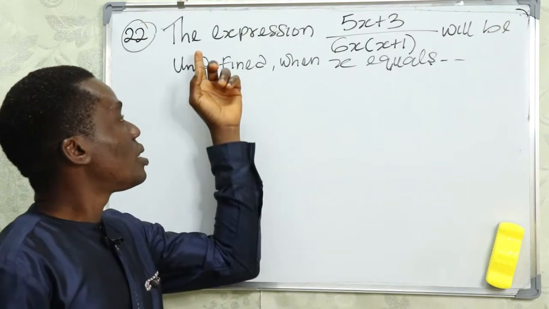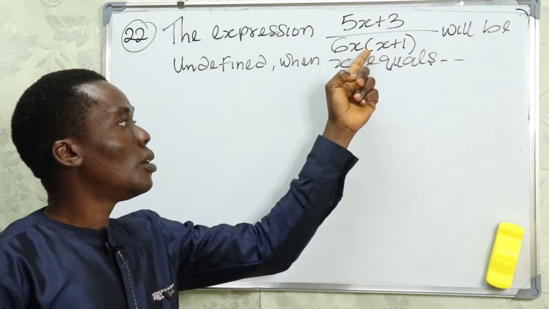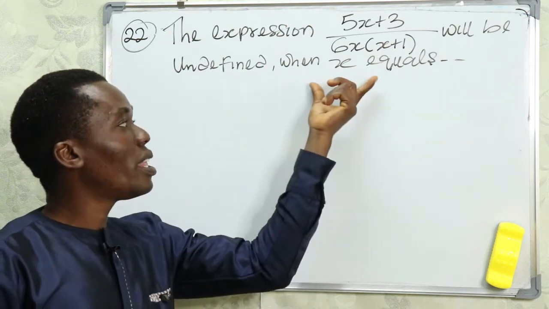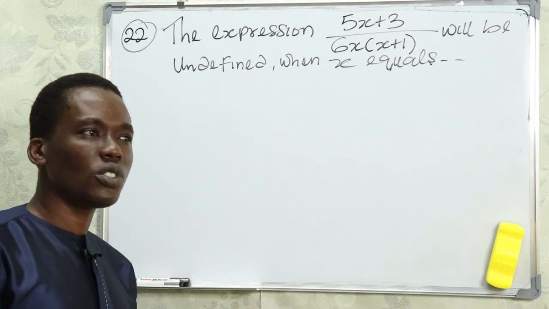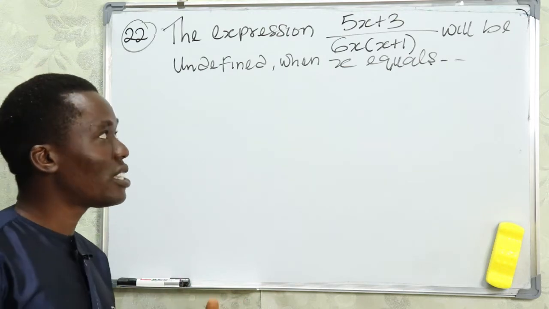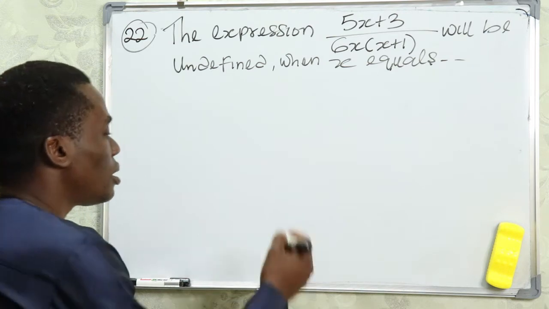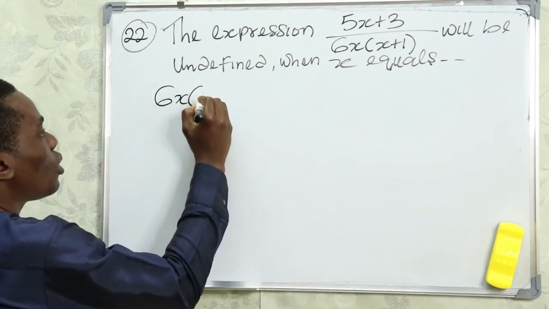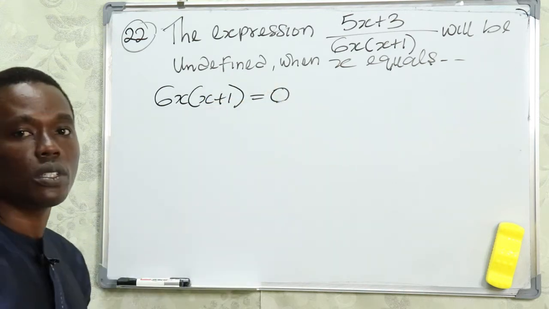Question number 22 says the expression (5x plus 3) over 6x(x plus 1) will be undefined when x equals what? Now when we are asked to look for the value of x that will make a given fraction undefined, all we need to do is to look at the denominator of that fraction, and that fraction will be undefined if the denominator is equal to 0.